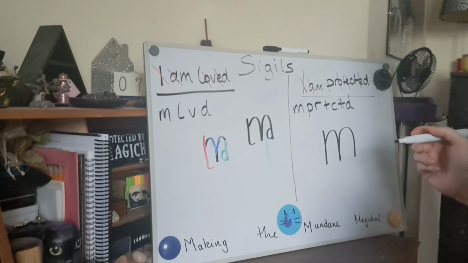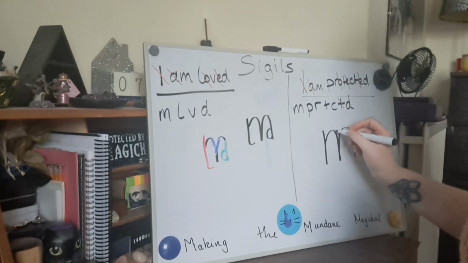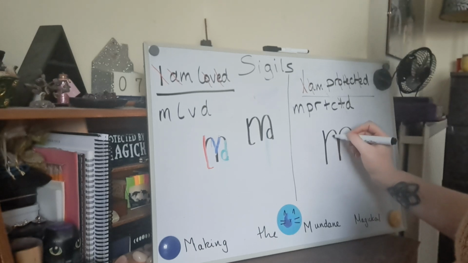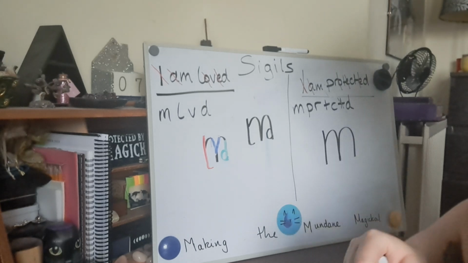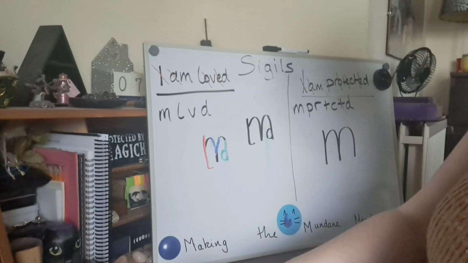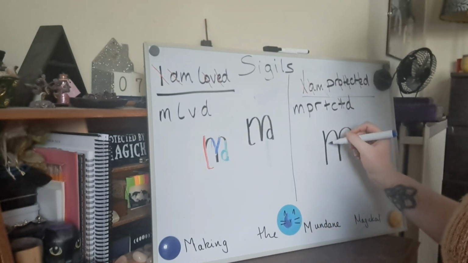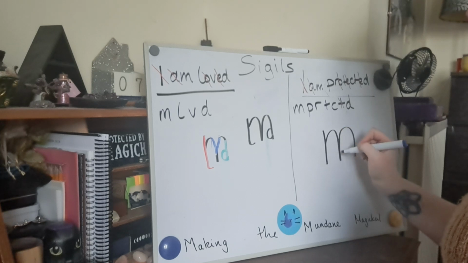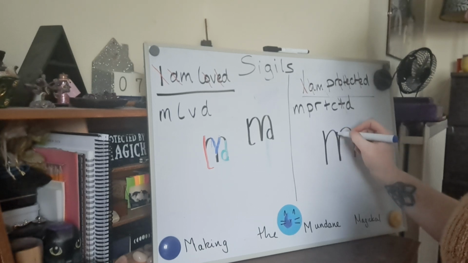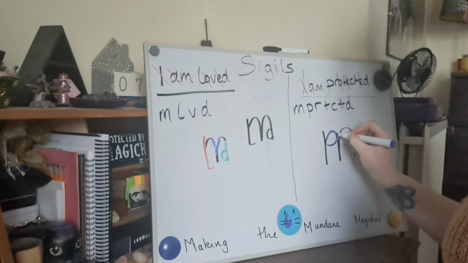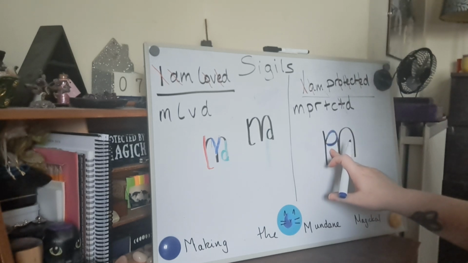So where do we fancy the P going? I mean, the P could be right here in this part. I'm going to draw it in blue, I think. So we could have the P sitting nicely in this part.